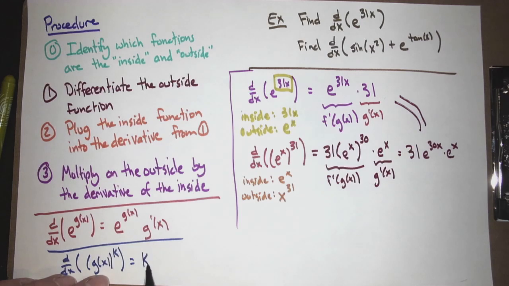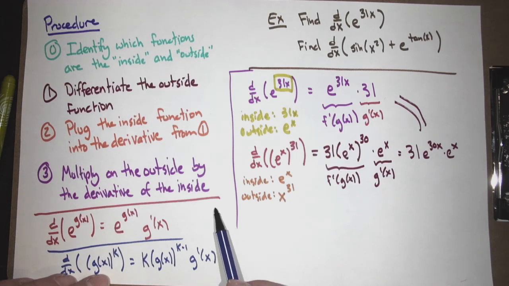So you bring the power down, leave the inside alone to the k minus 1. Anything else? Times g prime of x. Now there's lots of ways that things get applied. These are two of the more common ways. So these are things that you're just going to do. And once you practice this enough, it'll become second nature.